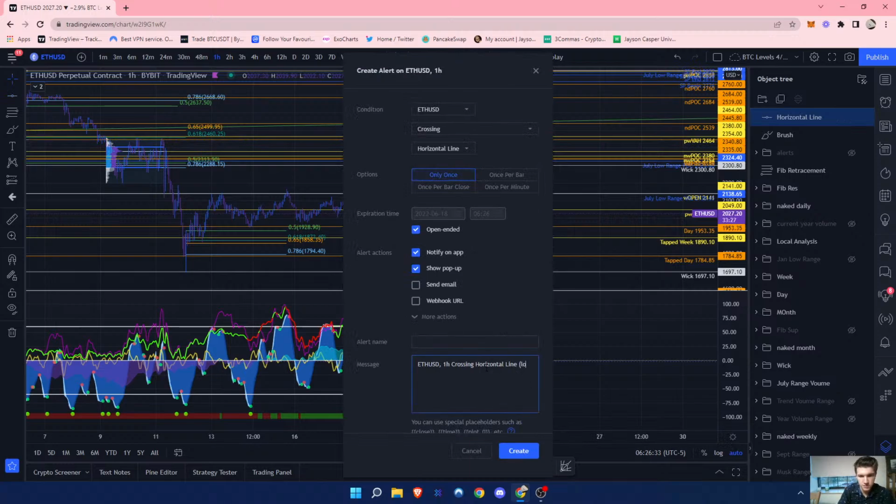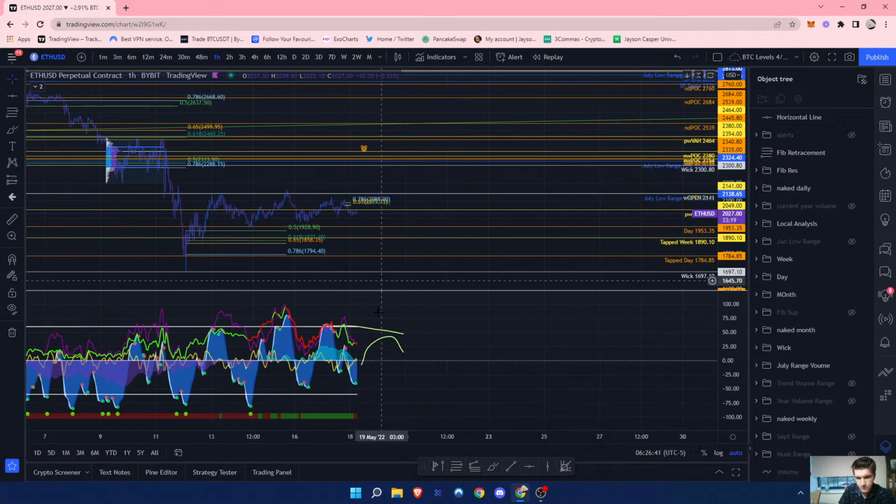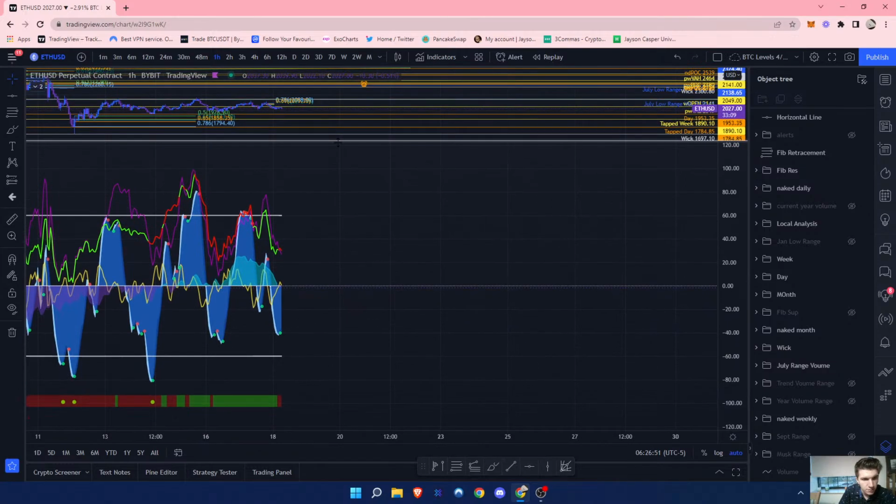So here is another short. And again, you don't want to see money flow being super thick going past that 25 line, because I'm comparing it to this anchor wave right here.